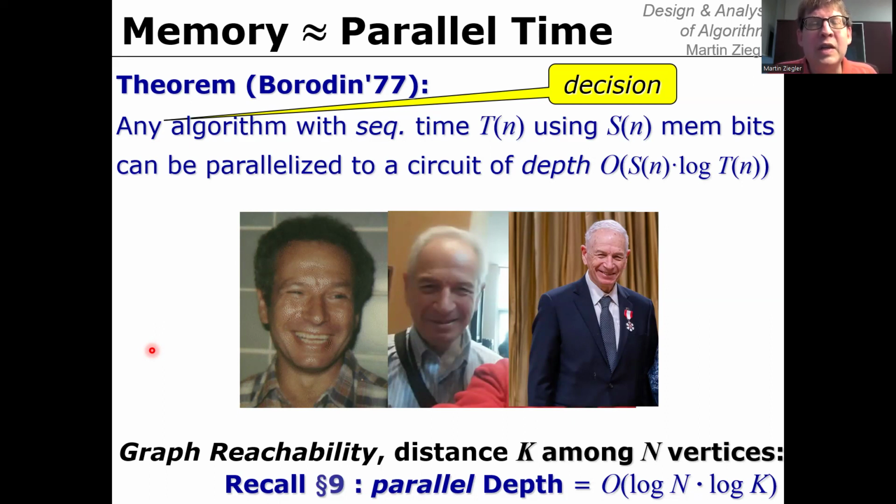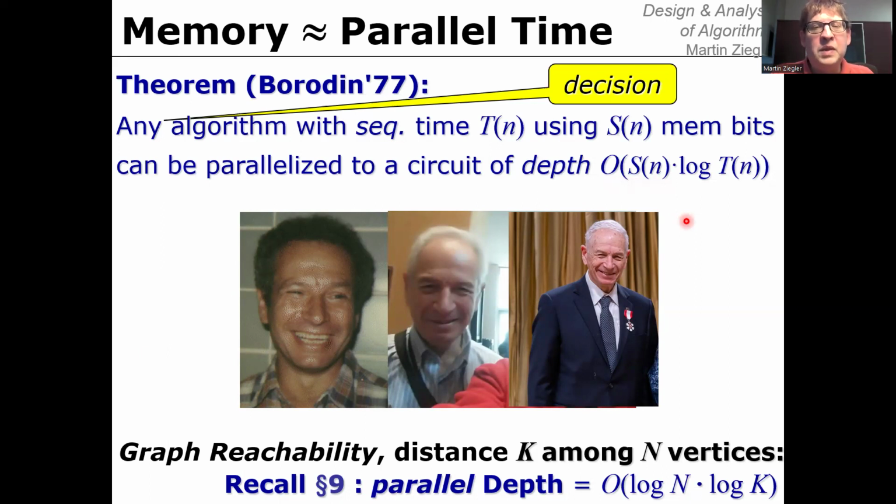So the sequential running time gets accelerated exponentially from T of n to log T of n using parallelism. And in a sense, the only obstacle to this efficient parallelization is the memory use, which translates here linearly.